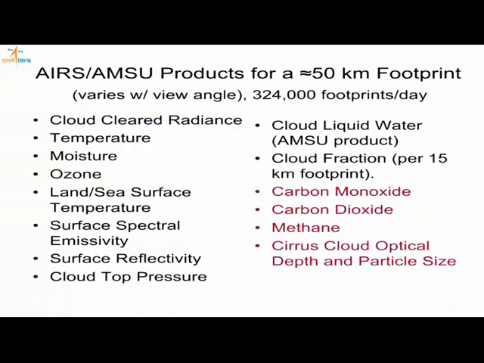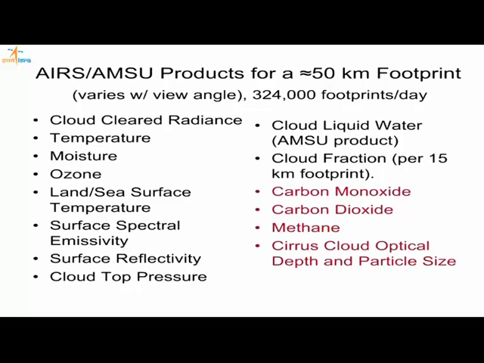This is a list of products which are available from AIRS and the AIRS operational agency, and the products are available at 50 km footprint. There are cloud cleared radiances, which are used for numerical weather prediction as a radiance estimate.